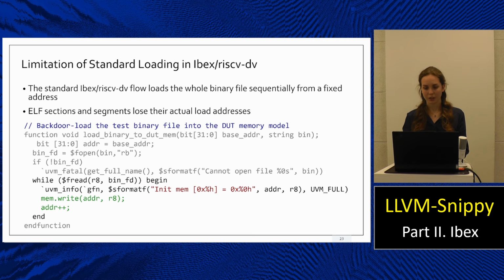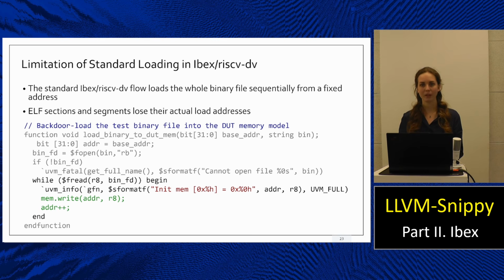If such an image is loaded in rows, the real section addresses are lost. Then the layout we set at linking time may not match the memory seen in simulation. So the Ibex flow had to load the ELF not as a flat binary, but according to its real structure.